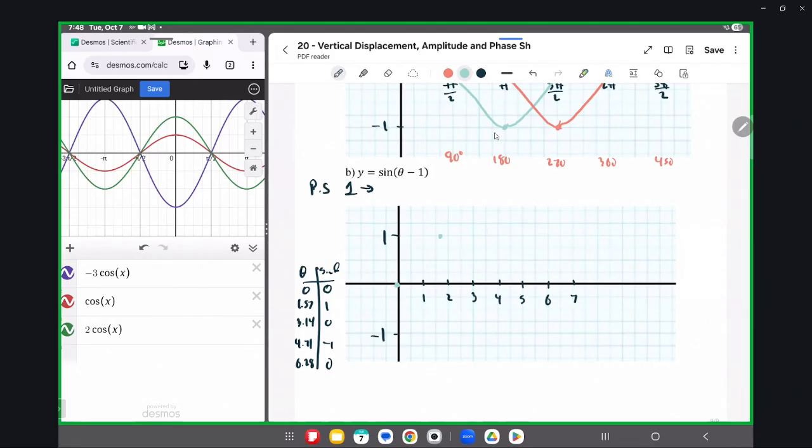3.14 is just a bit after 3. So that's going to be the next value. 4.7 is 3/4 of the way between 4 and 5, but just before it. So we're going to put it around here. And the last one is 6.28.